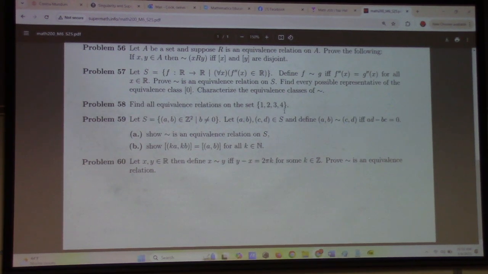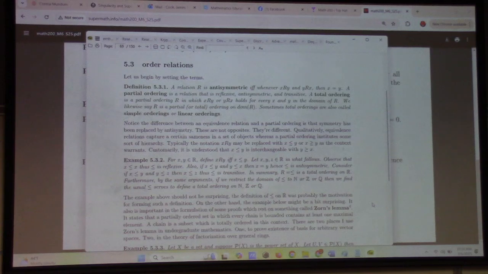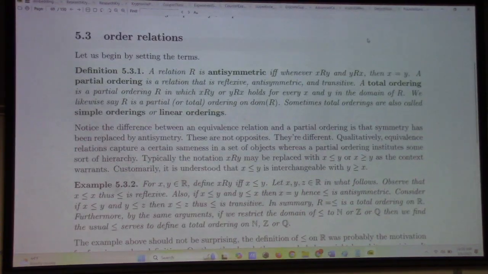Problem 59, I think that's rational numbers pretty much. And then problem 60 is, well, it is what it is. I'm not going to say anything about that. All right, great. So I guess if I have problems about order relations, they must be in the next homework. Yeah?